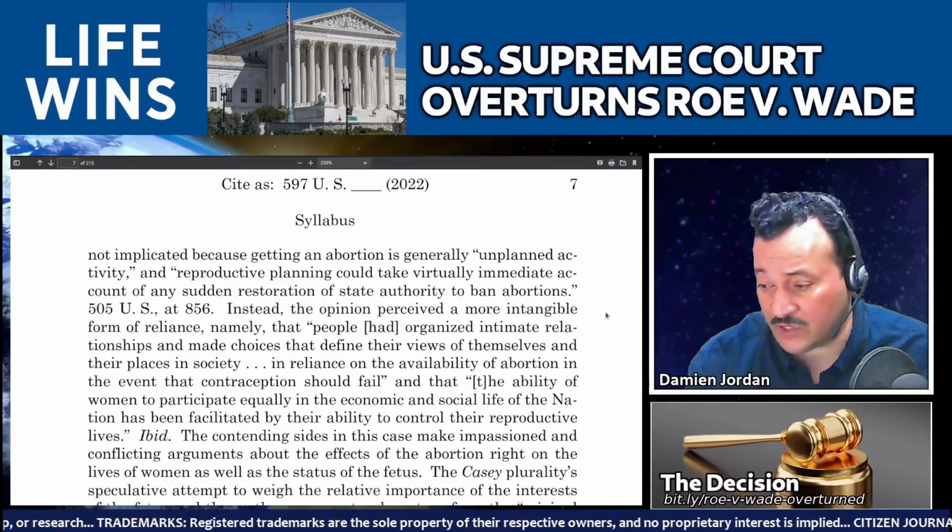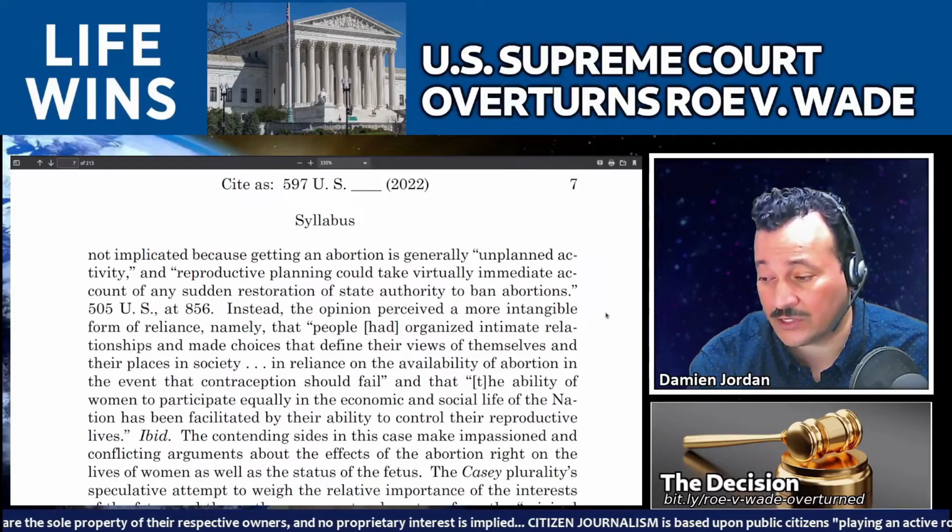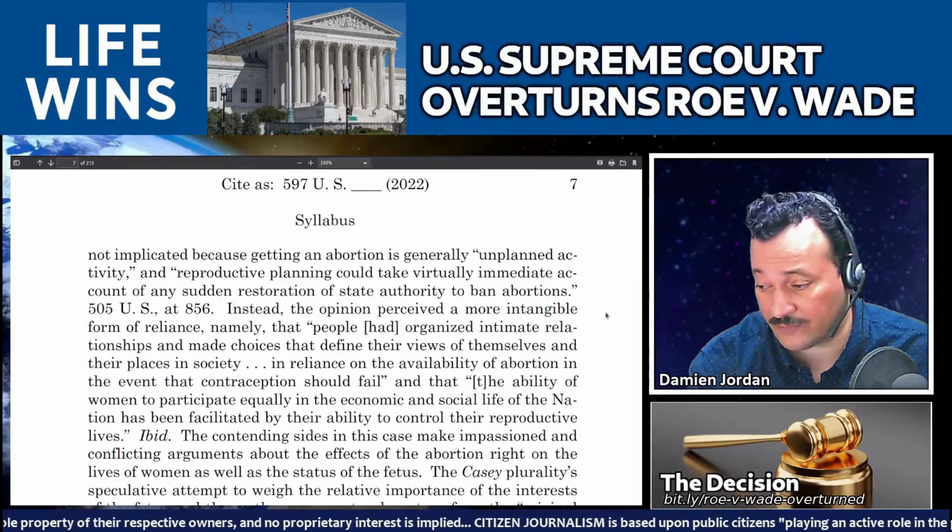The contending sides in this case make impassioned and conflicting arguments about the effects of the abortion right on the lives of women as well as the status of the fetus.